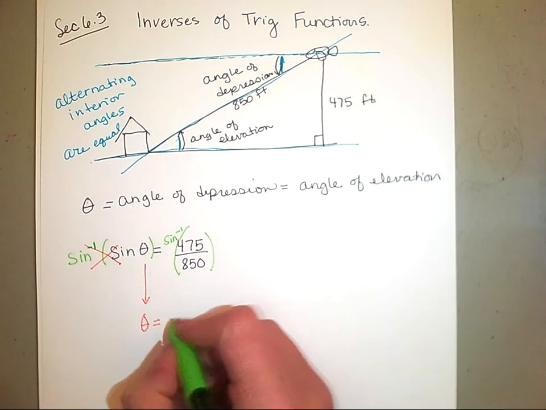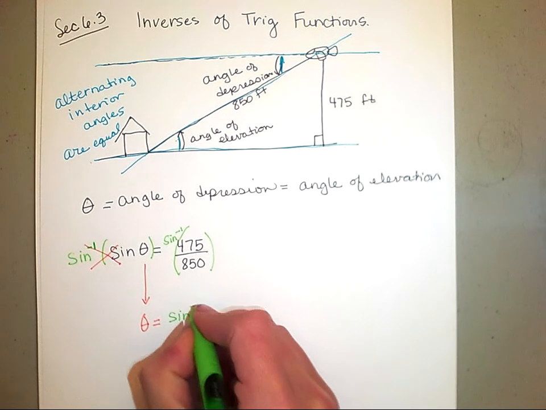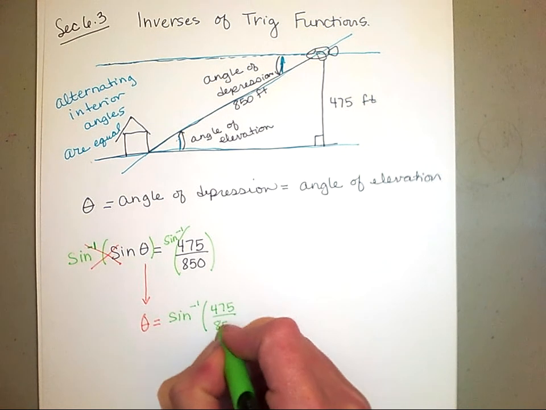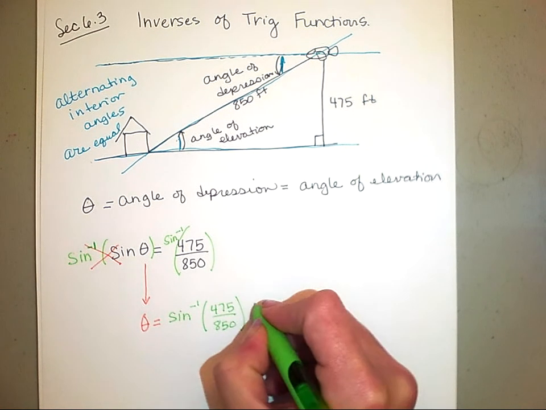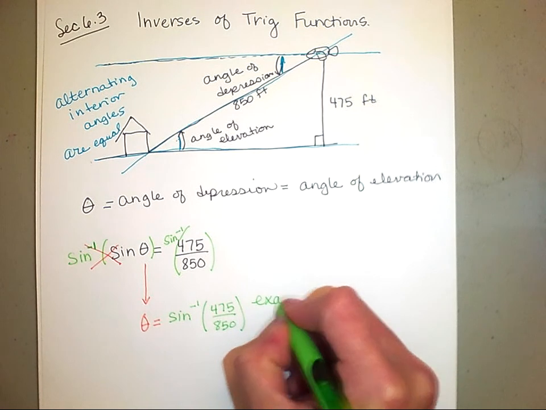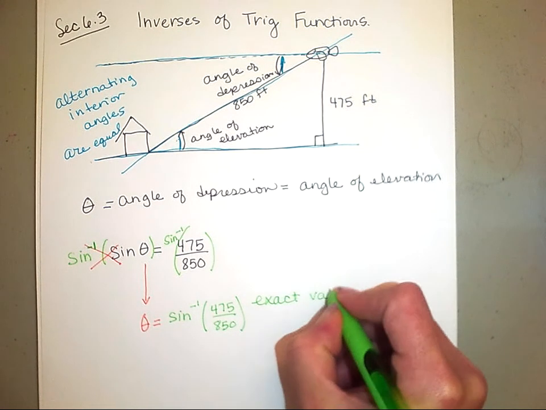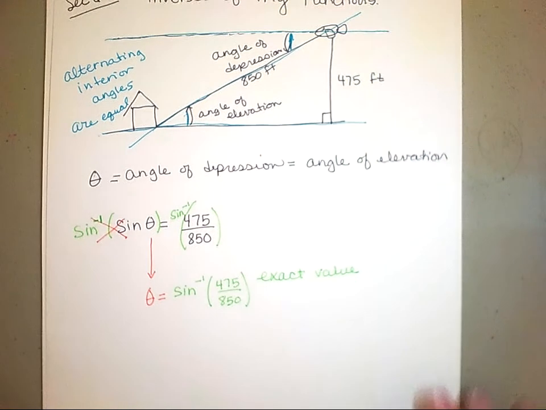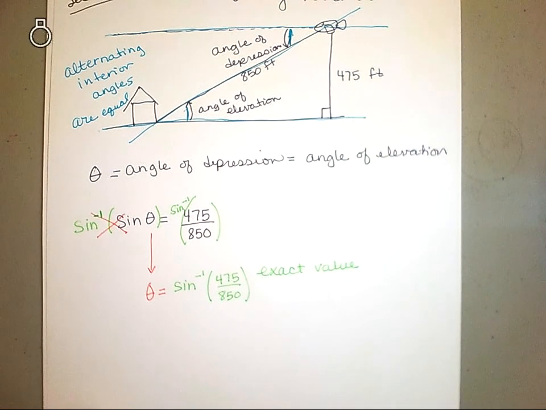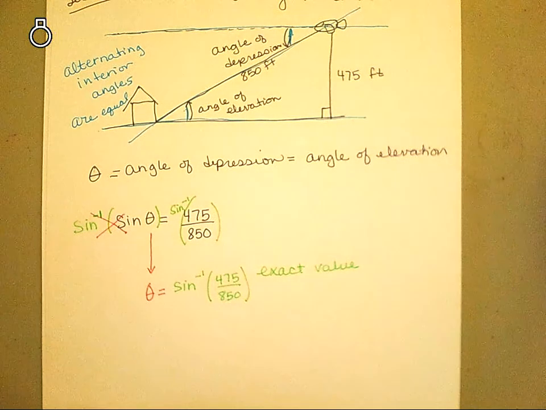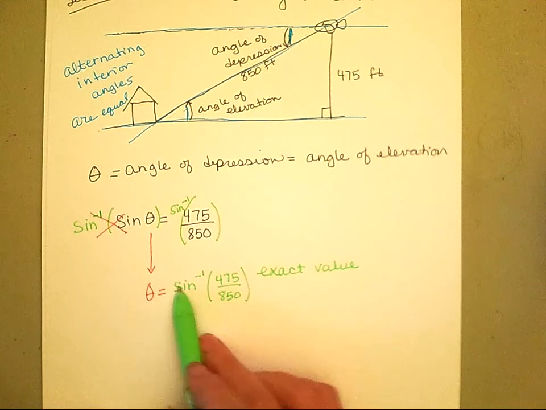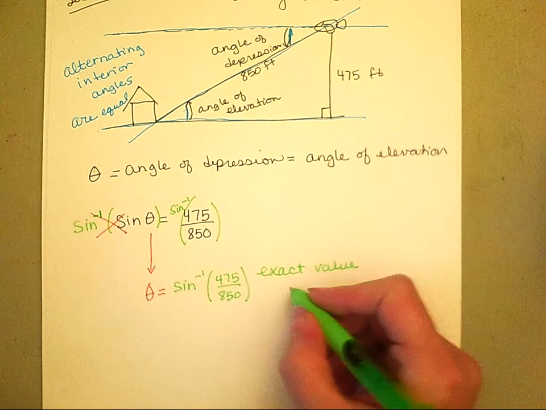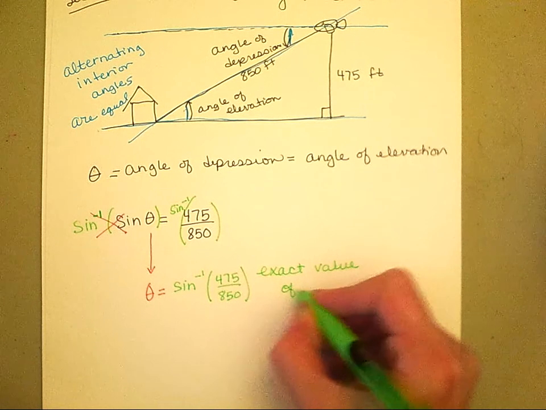And then the angle is, in exact values, the inverse sine of this ratio. This is the exact value. We could put it in our calculator and get an approximation, but we won't be using our calculators. So this is how you'll be leaving things on your exams, and on your homework. So this is the exact value of an angle.